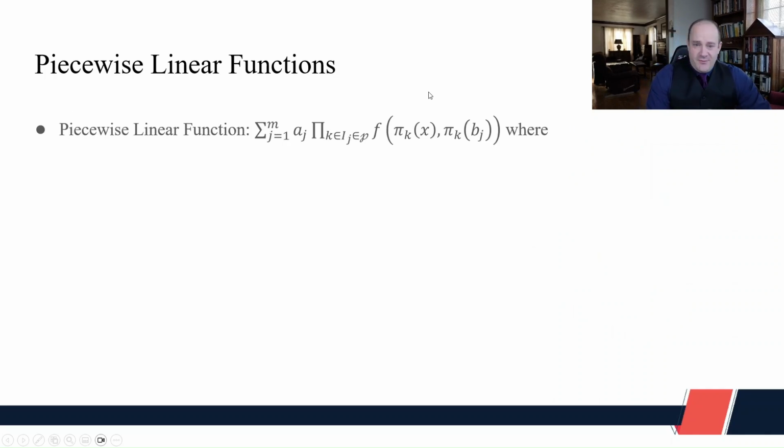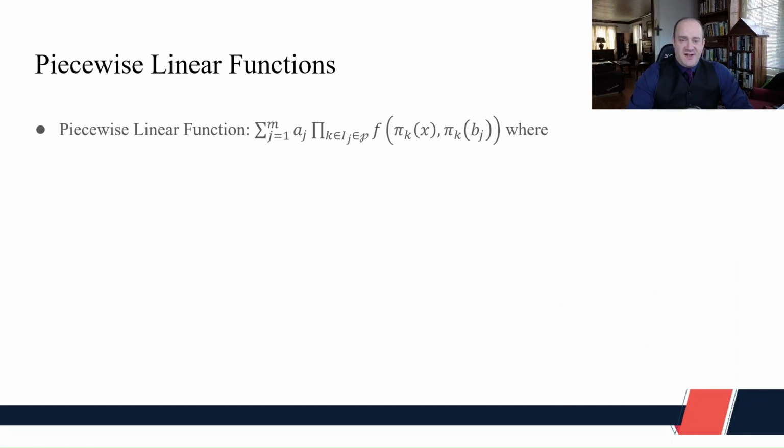So generally, what is a piecewise linear function? Well, it looks like this monstrosity here. So let's parse this equation so we can speak about it in precise terms. Keep in mind that when you normally do, say, linear regression against untransformed variables, it's the sum of coefficients times terms.